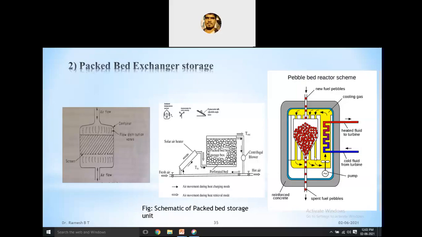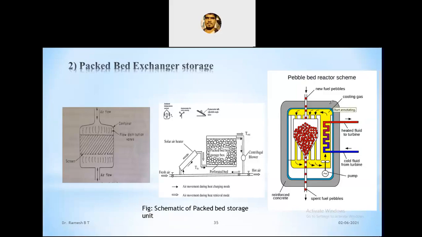Clear? Here we can observe the heated fluid connected with the collectors. The collector heats the fluid, and it flows along the packed bed, becomes a cold fluid, and goes back to the collectors.